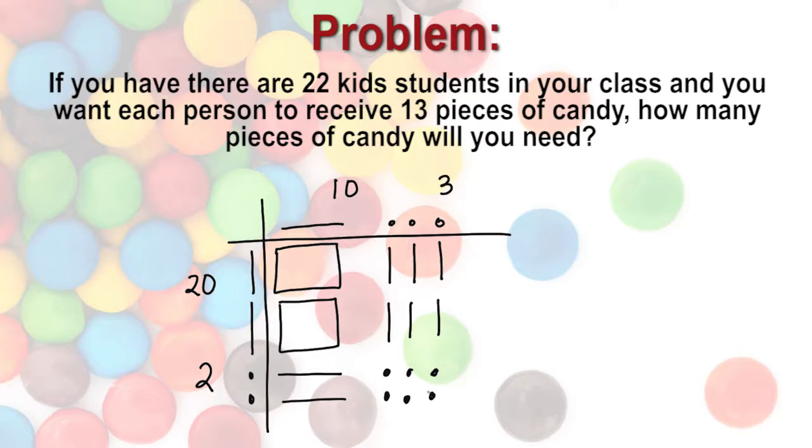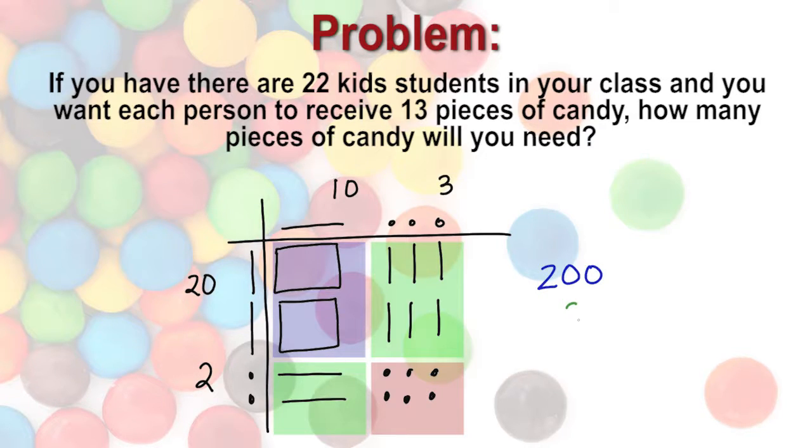Now the partial products are represented. There are 2 hundreds, 8 tens, and 6 ones. 200 plus 80 plus 6 equals 286.